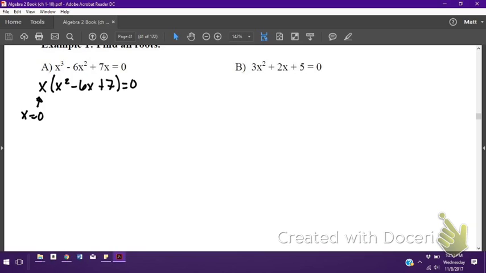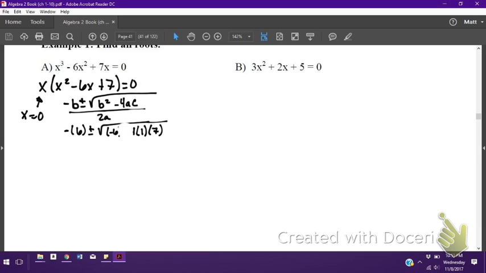So the only other option in this case would be to use the quadratic formula, which is negative b plus or minus the square root of b squared minus 4ac all over 2a. So what I'm going to do there is negative of negative 6 plus or minus the square root of negative 6 squared minus 4 times 1 times a positive 7.